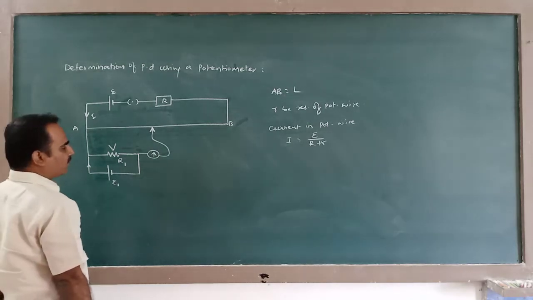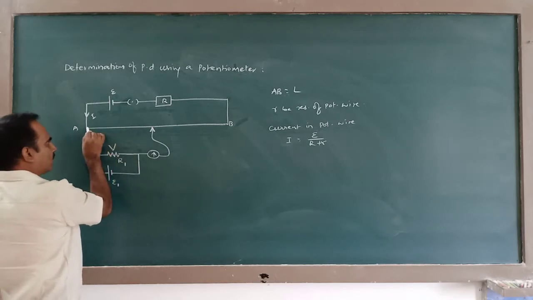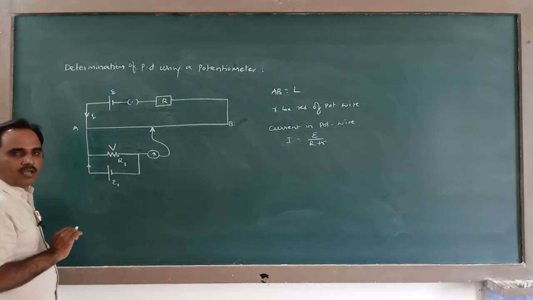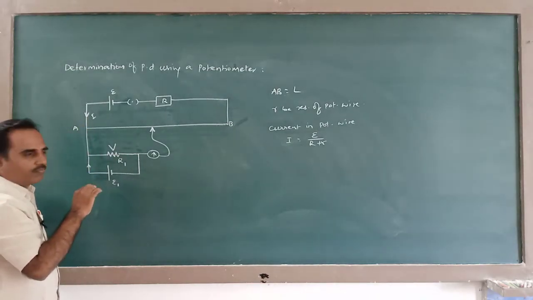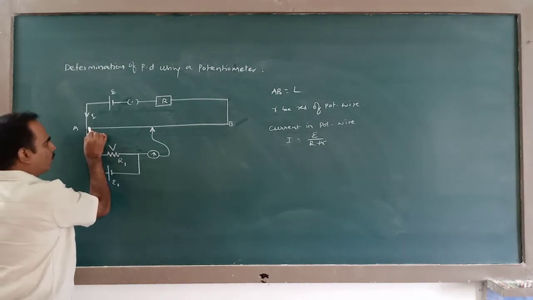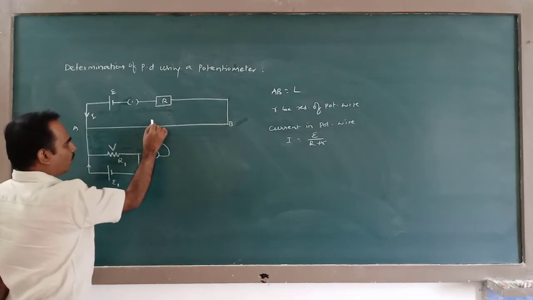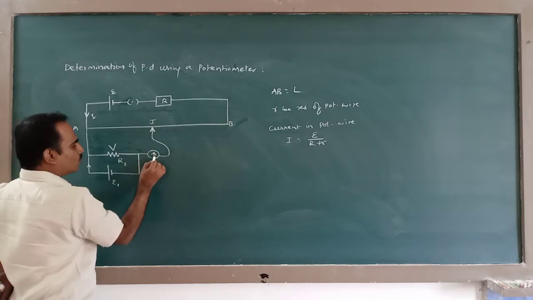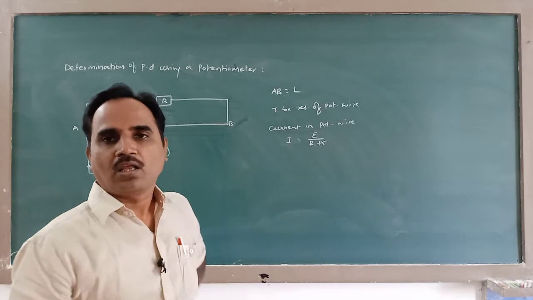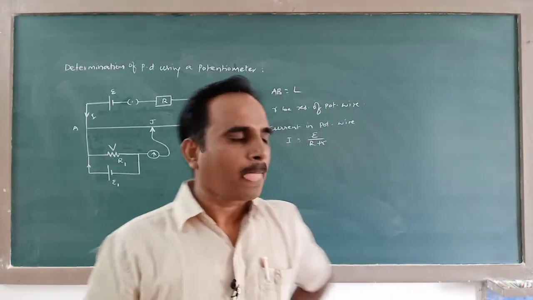So once you get the opposite deflection, you go on moving the sliding contact from the end A towards the end B on the wire AB, and at one particular point, say J, the current through the galvanometer is 0.